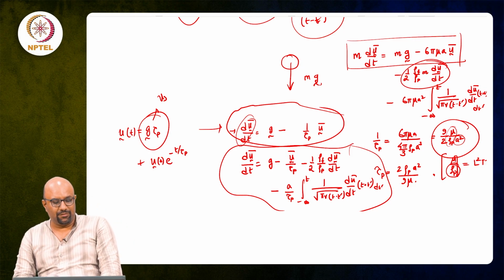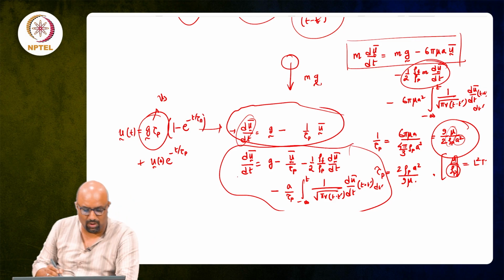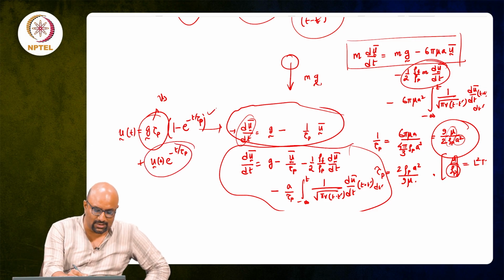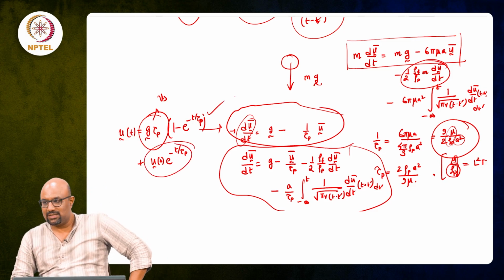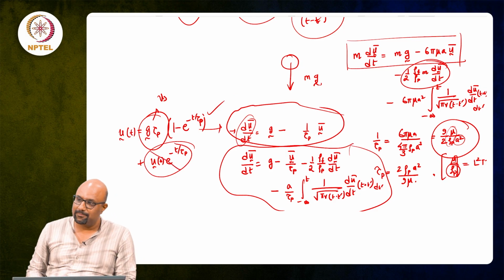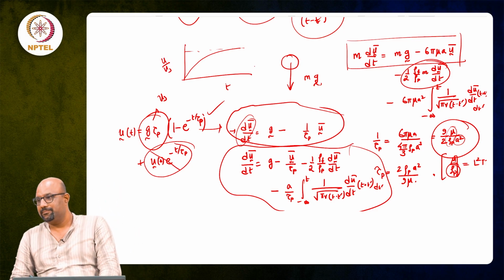So, this is the homogeneous part and this is the particular part. At steady state obviously it achieves the terminal velocity, but the approach to steady state, let us say it was starting from rest, if you plot the velocity from rest, it approaches the settling velocity exponentially fast.